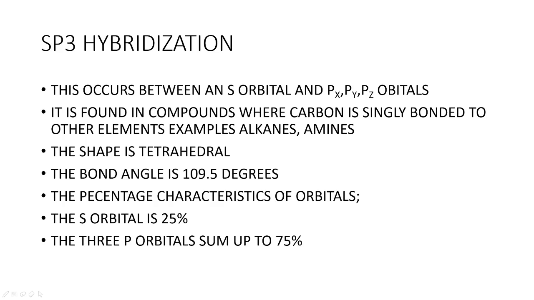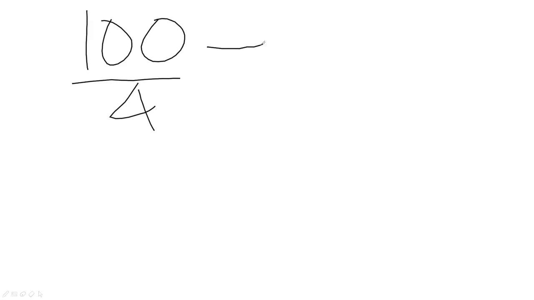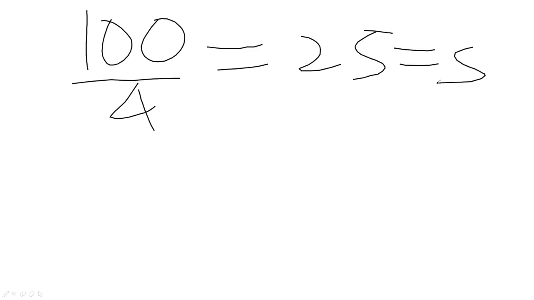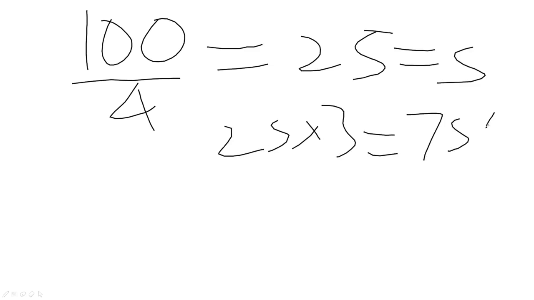The percentage character of this orbital: the s orbital is 25 percent and the 3p orbitals sum up to 75. The same thing I did before: 100 in 4 places, 100 over 4, gives us 25. So the s takes 25, then 25 times 3 gives us 75, and that percentage is for the p.